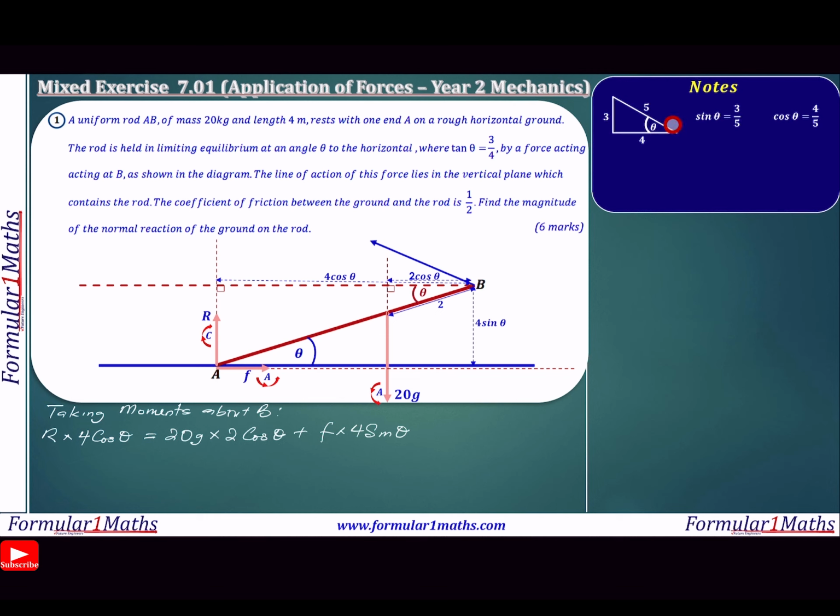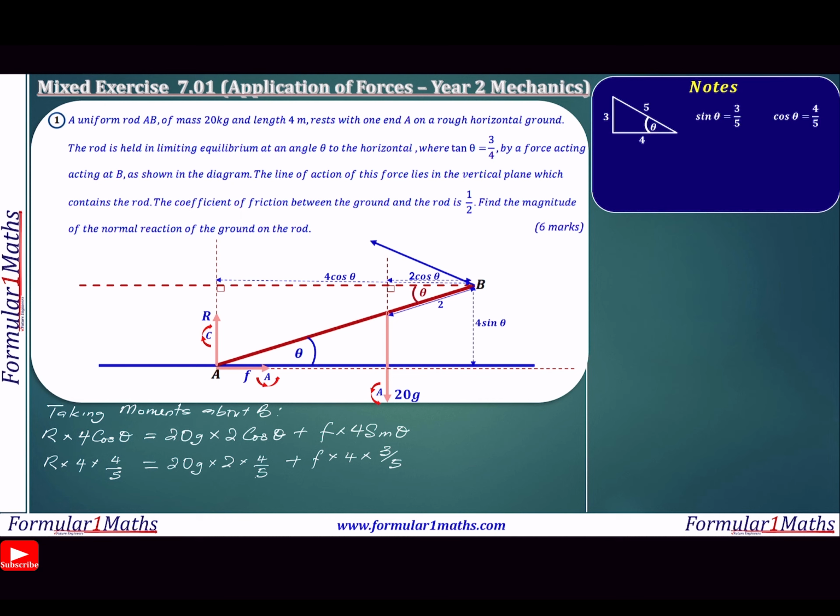So I can now replace cos theta and sine theta in this equation with the exact values over here. So if I do that, I'm going to get R times 4 times 4 over 5 is equal to 20G times 2 times 4 over 5 plus F times 4 times 3 over 5.